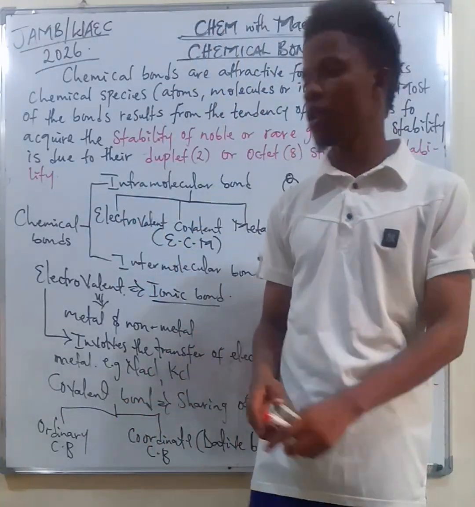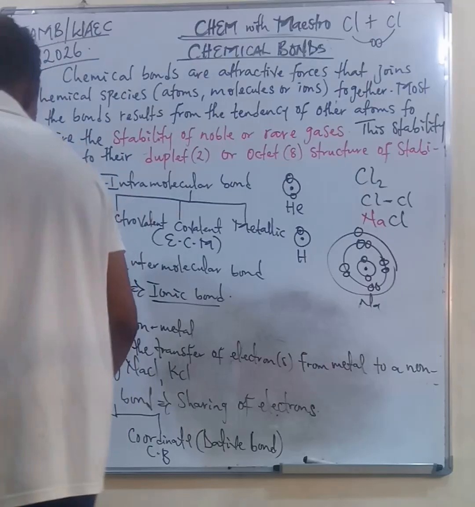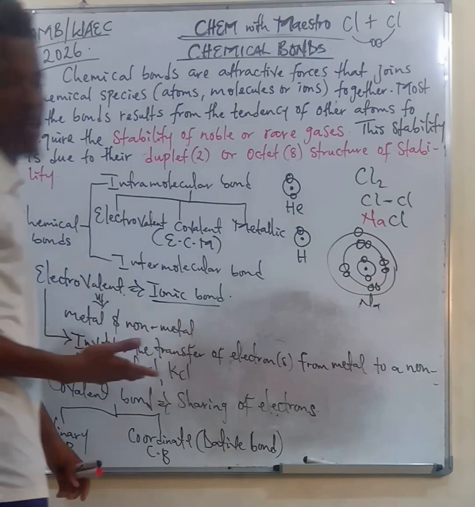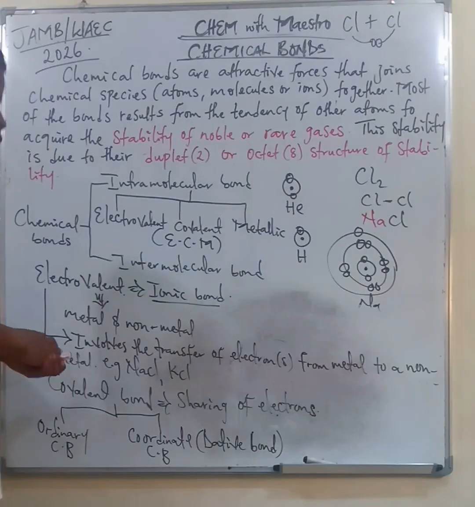Ordinary covalent bond. Now, ordinary covalent bond is found in most covalent compounds. Covalent bonding is a type of bond that is present in the combination of two non-metals. So when two non-metals come together, the chemical bond that is being formed is what?